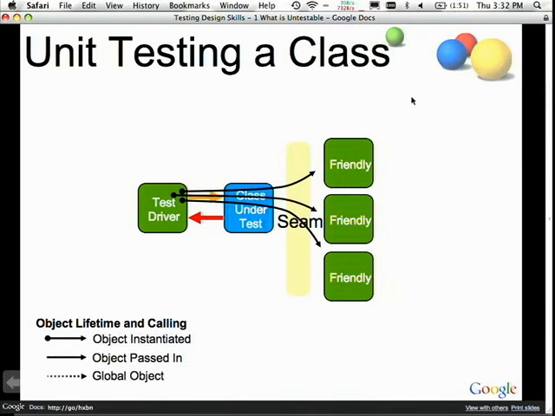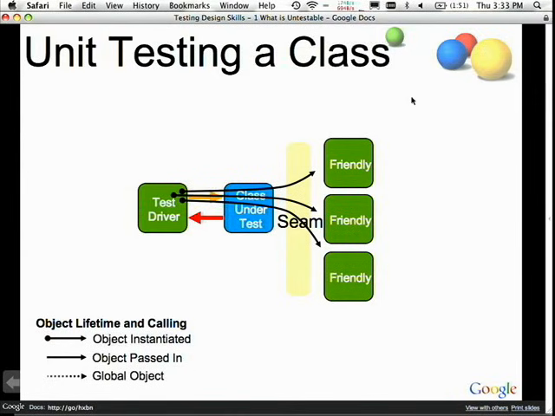Now this gives me a choice in a testing world, because I am free to instantiate a subset of the application that I want to test. I no longer have to instantiate the whole thing. I simply instantiate the stuff that I really, really care about.